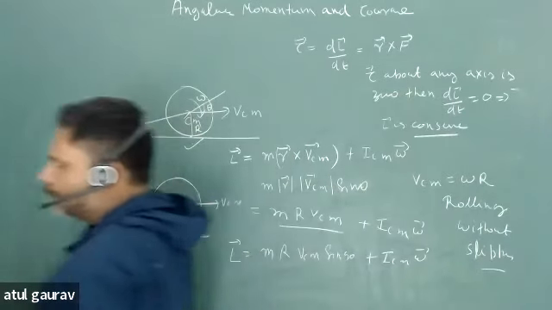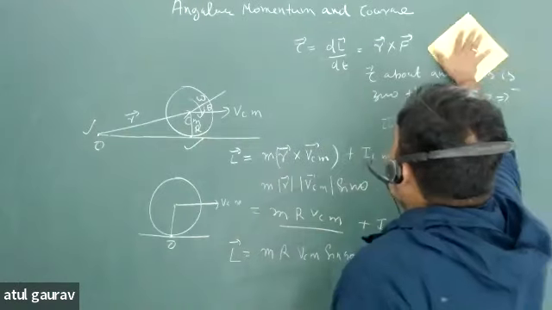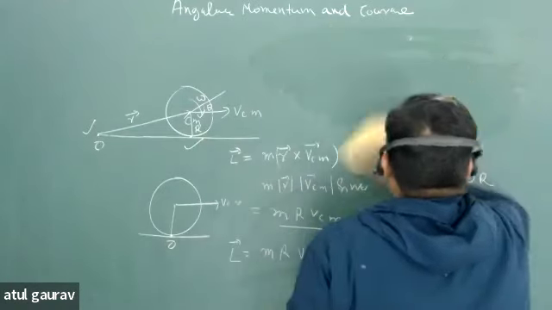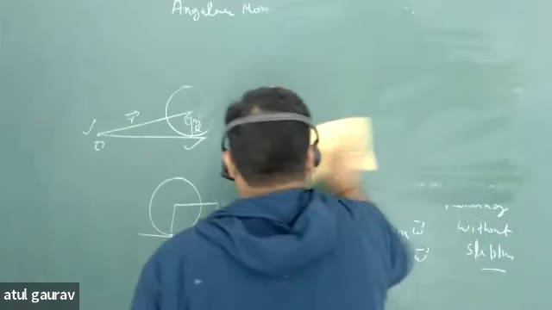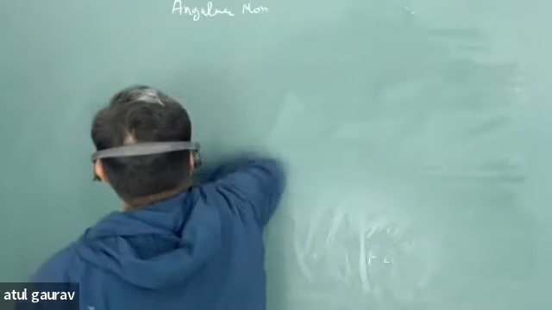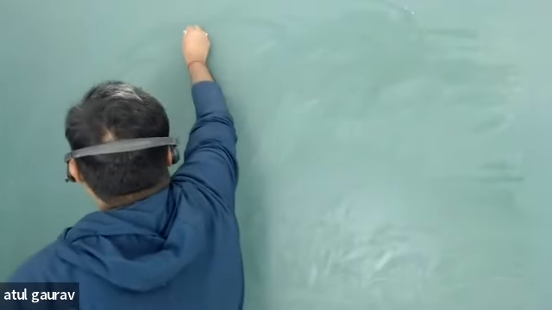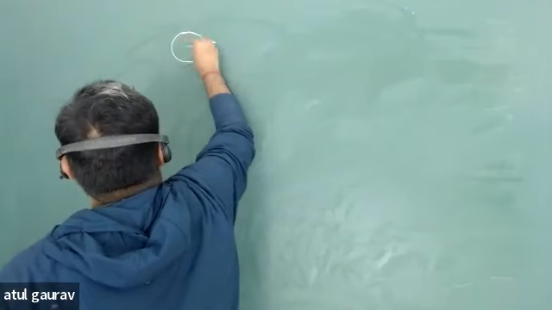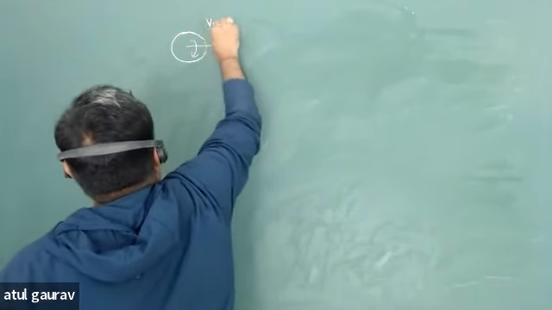एक problem करने की कोशिश करते हैं. चलो. So what we have: a sphere whose center of mass is moving with velocity v0 and which has angular velocity v0 upon 2r.